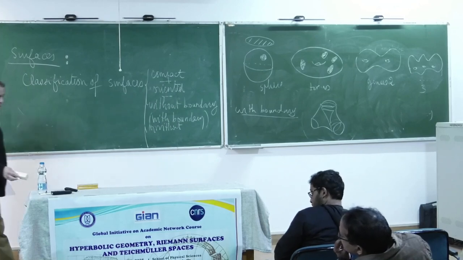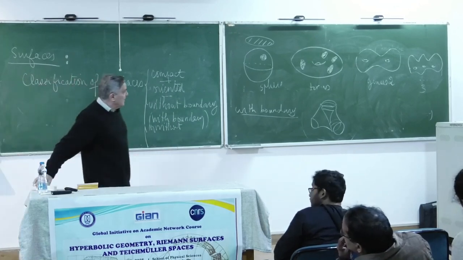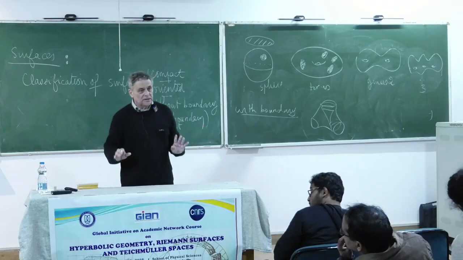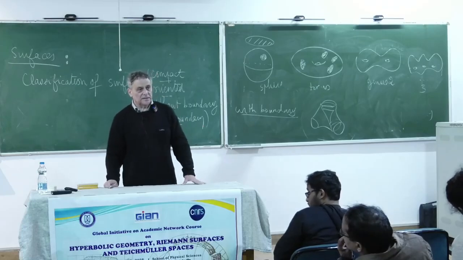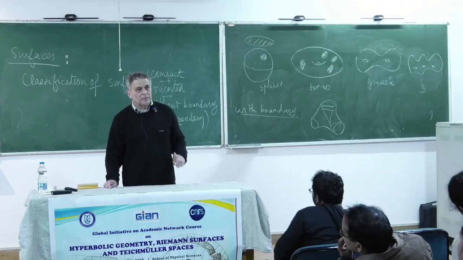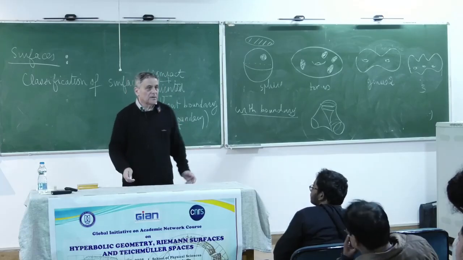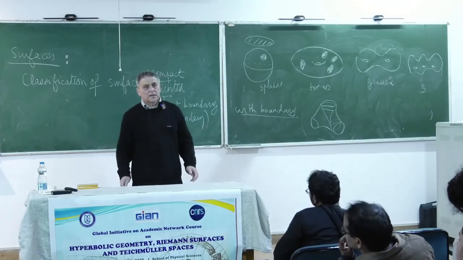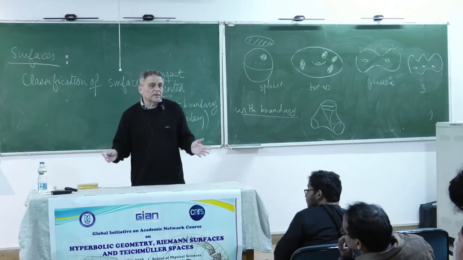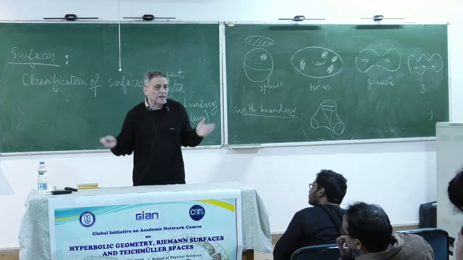So anyway, I want to say a few words. This is topology, the topology of surfaces. Now I want to say a few words about the geometry of surfaces. So I will put a metric on each of these surfaces, and I will choose the metric to be the easiest one I know.